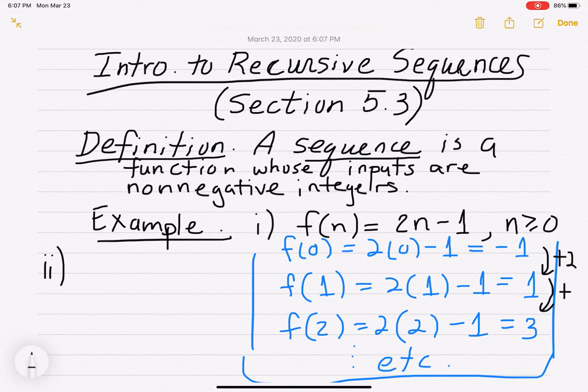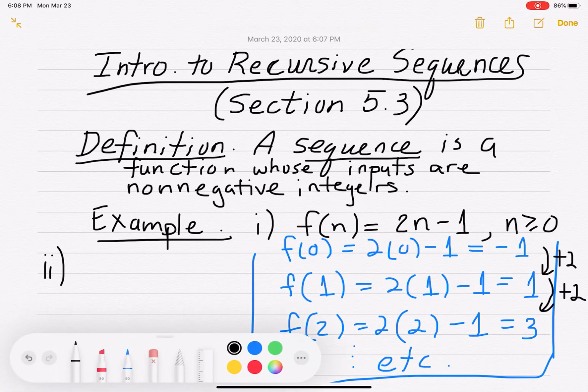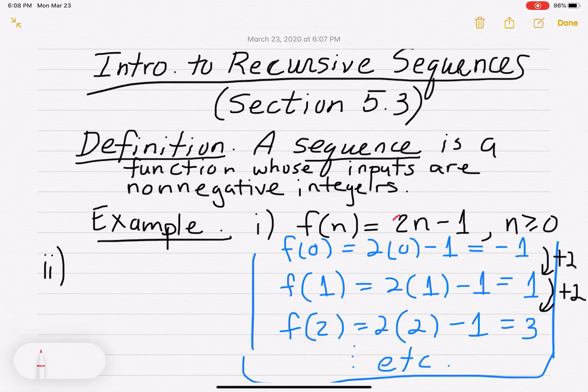So there's a common difference there. They often call that D the common difference. It's 2. And basically the common difference is going to be the slope here when you're talking about a linear sequence. You're adding 2 each time to go from term to term.